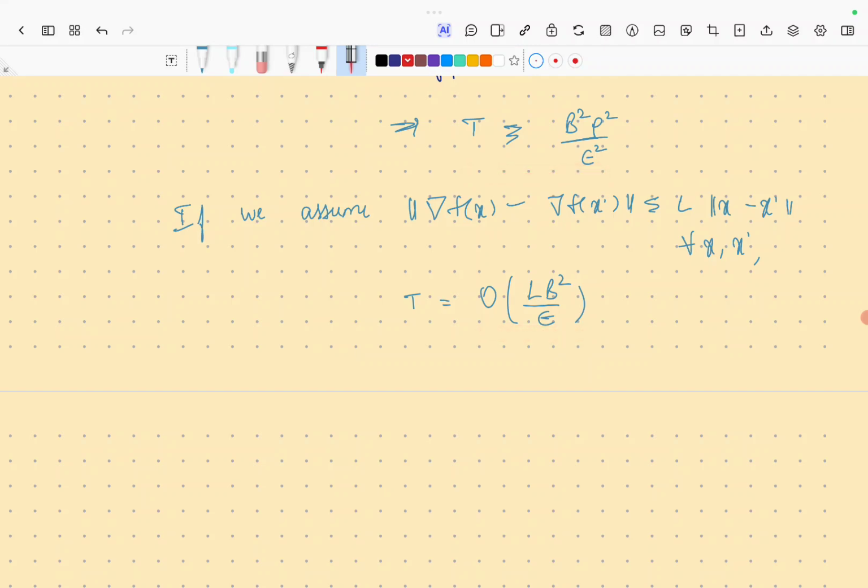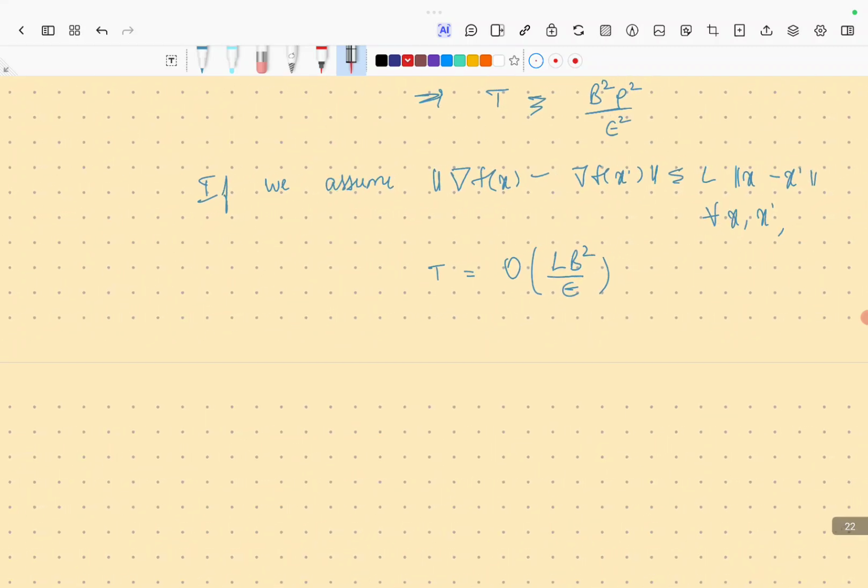It just depends on how regular your function is. In this case we are making a different set of assumptions on the function. In the previous case we just assumed that the gradient is bounded. But no matter what you do, you can't really improve the dependence on epsilon in gradient descent.